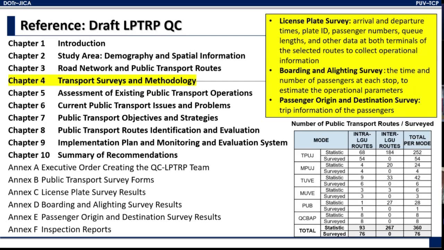So if I may respectfully suggest, let's focus a higher regional level study on those, and then just allow the individual LPTRPs following the original LPTRP manual to be undertaken by the LGUs.